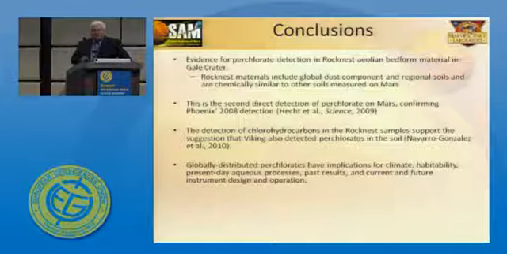And this has important implications for life, because microbes can utilize perchlorates to obtain energy. They also can act to lower the freezing temperature of water, but they also have implications for humans because perchlorates are toxic to men. Thank you.